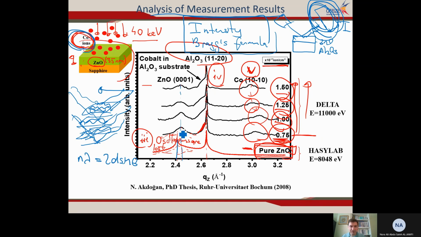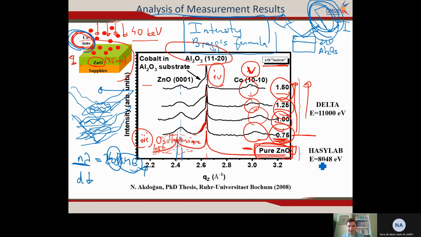So the peak shifts to the right side. What about the angle here? If the peak shifts to the right side, then we have a bigger number. This left side is fixed, then D is decreased. Interplanar distance is decreased after cobalt ion implantation.